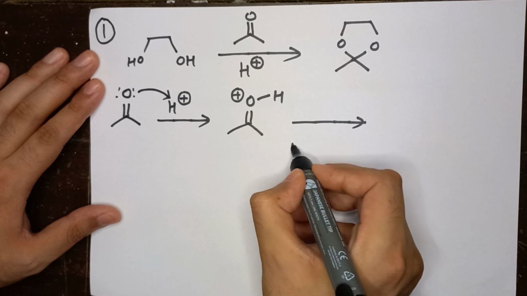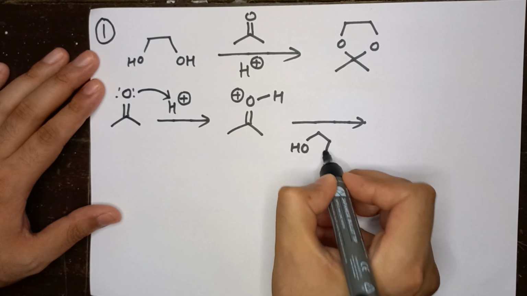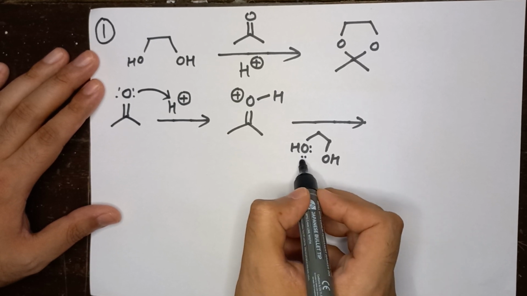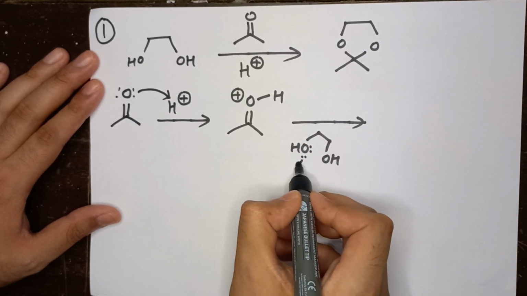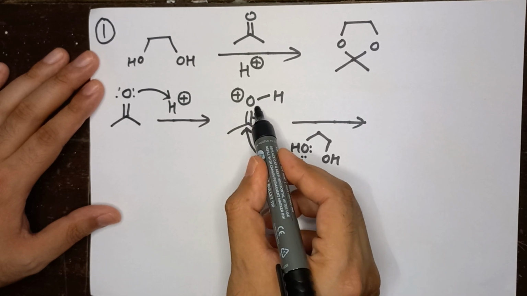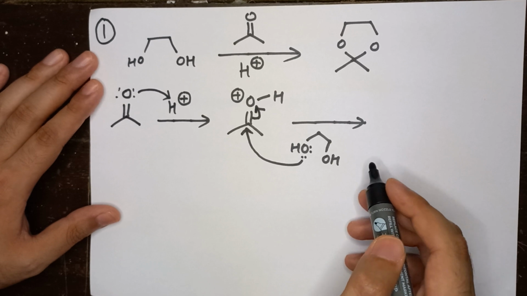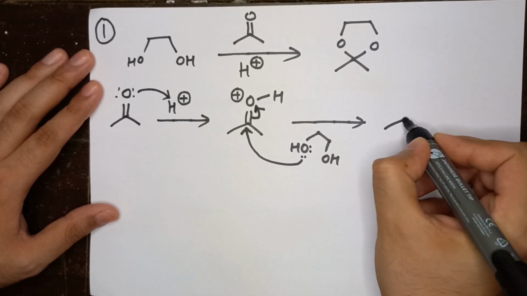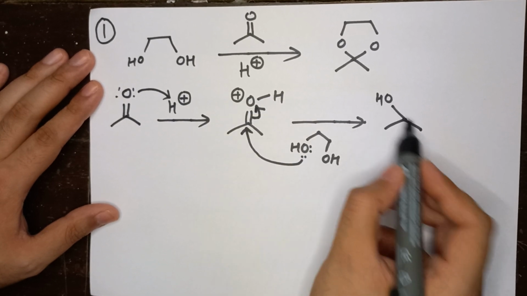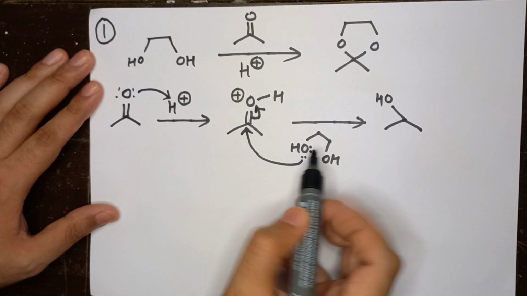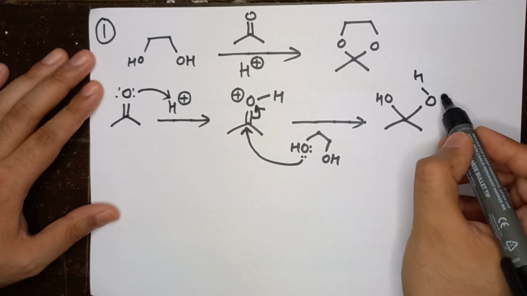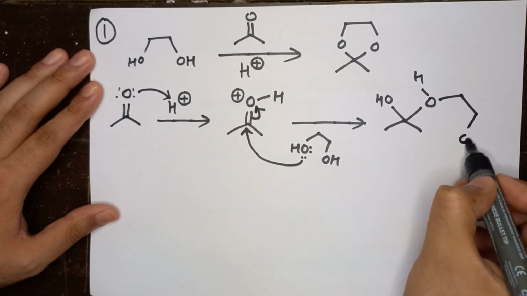Then in the next step, the oxygen of the diol will attack at this carbonyl center, and this C double bond O will break. So now we have OH, which is now converted into a single bond OH, and this carbon is also bonded with an oxygen, which is bonded with hydrogen and attached to CH2CH2OH.